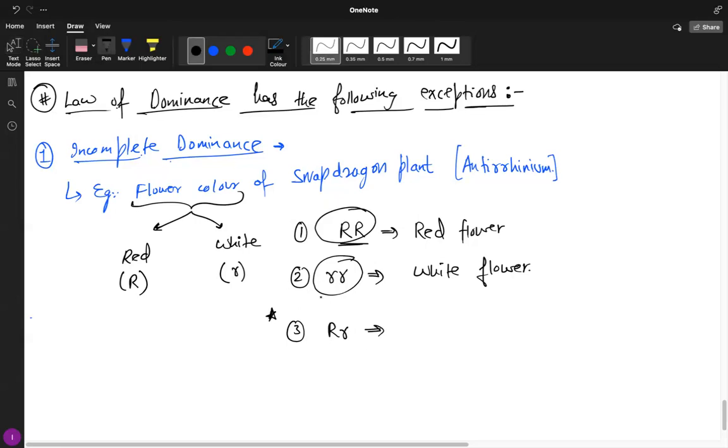But instead, this produces different, pink flowers. Now people were perplexed. Okay, wait a minute. This is not what Mendel told, because Mendel said that if you cross a tall plant with a dwarf plant, you will get all the tall plants, no intermediate height, no dwarf in the first progeny.